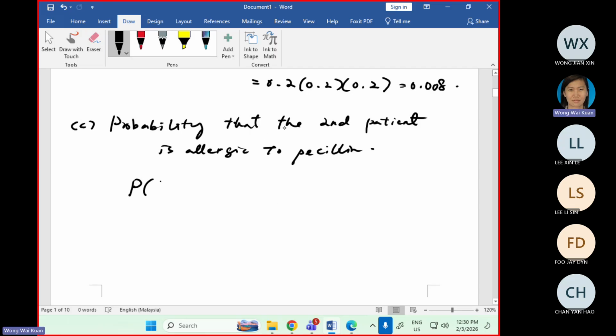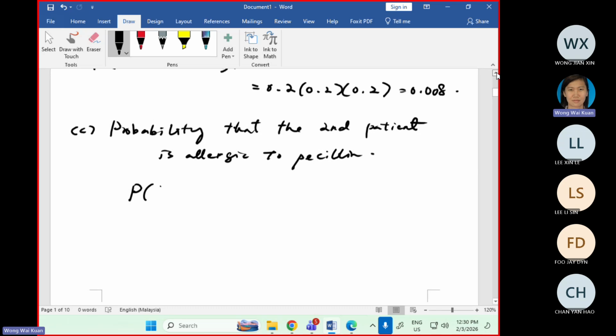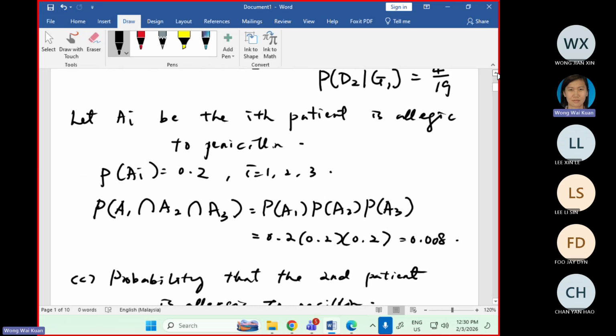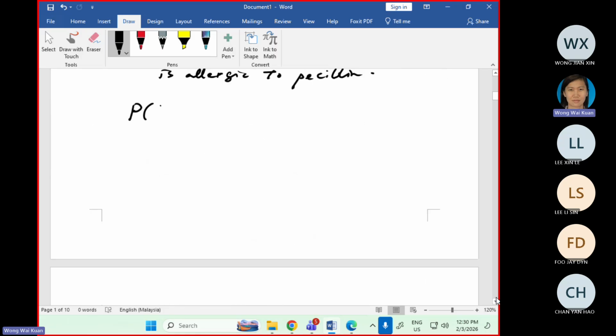No, what is this? Probability of second patient is allergic to penicillin. No. What P of what? A2. I already said probability of Ai is 0.2 for i 1, 2, 3. Right? I'm asking actually is probability of A2 is 0.2. Okay? Then what about C, D or D?